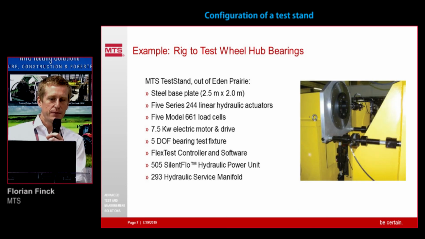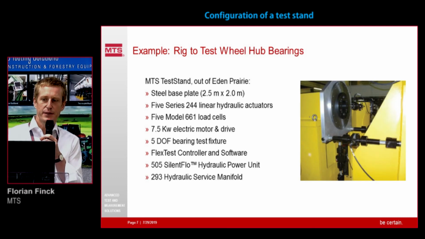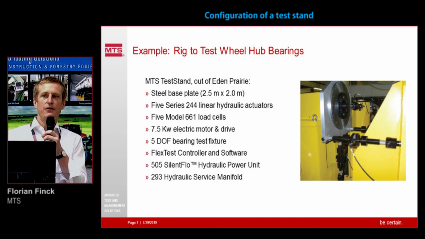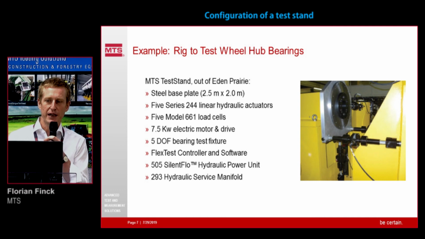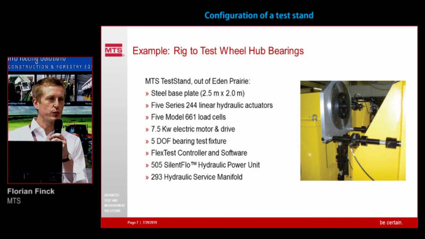Another example, that's another test stand, but this setup is the yellow housing here to test a wheel hub. This is really designed for this wheel hub. There's a very, very custom-made 5 degrees of freedom bearing test fixture and an arrangement to apply the loads to this kind of a specimen.